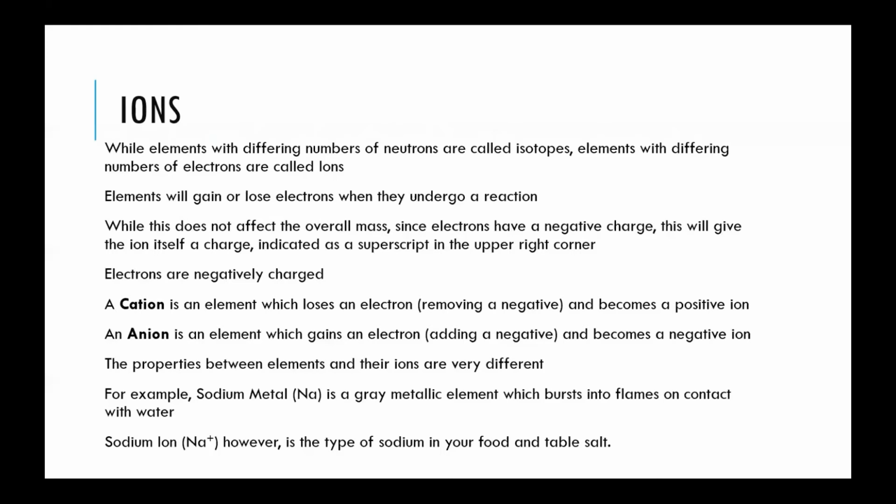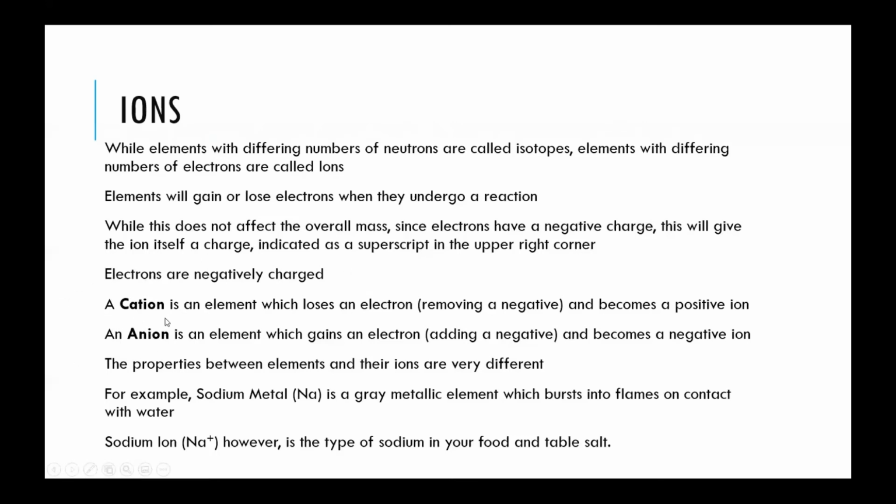Nuclear chemistry refers to the nucleus, and that's where the chemistry happens, but all other chemistry occurs with the electrons, moving back and forth or being shared between different elements. And sometimes even completely leaving or completely attaching to a different element, creating these ions.